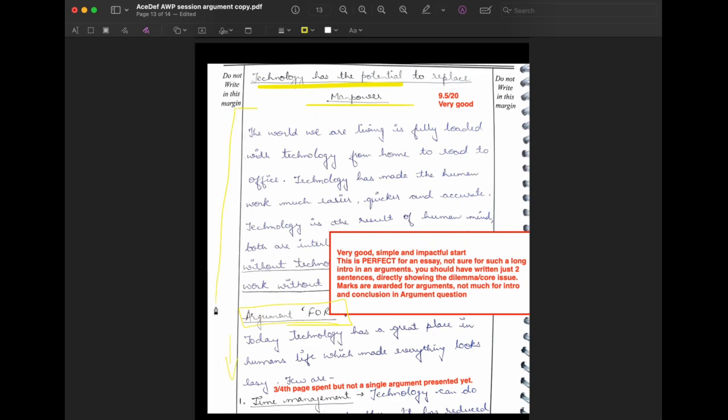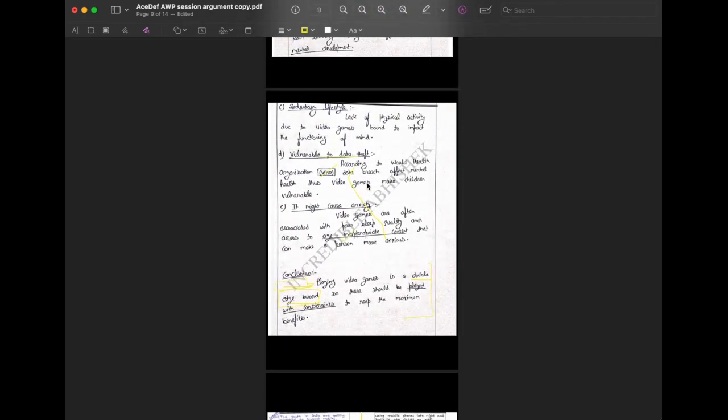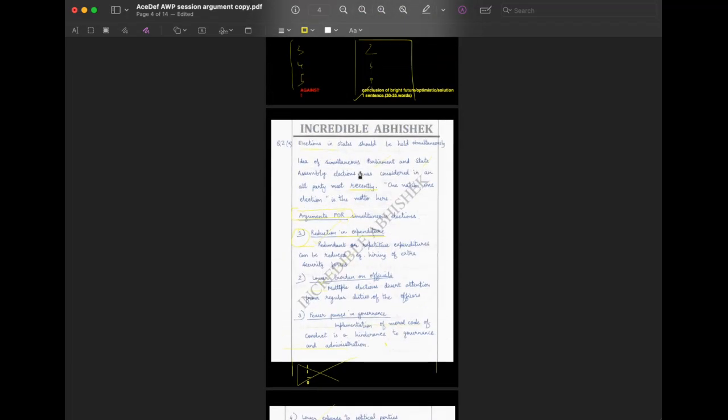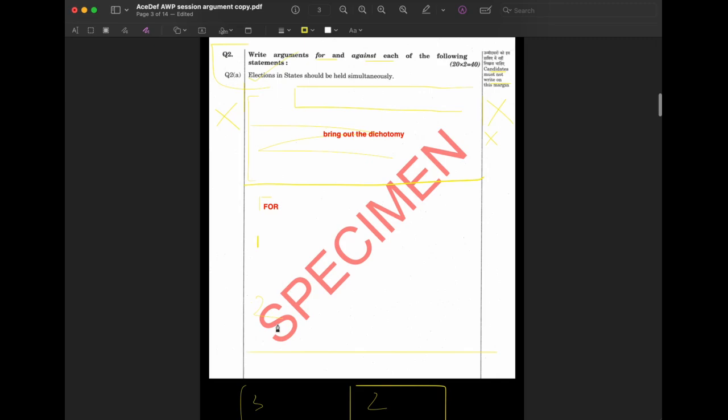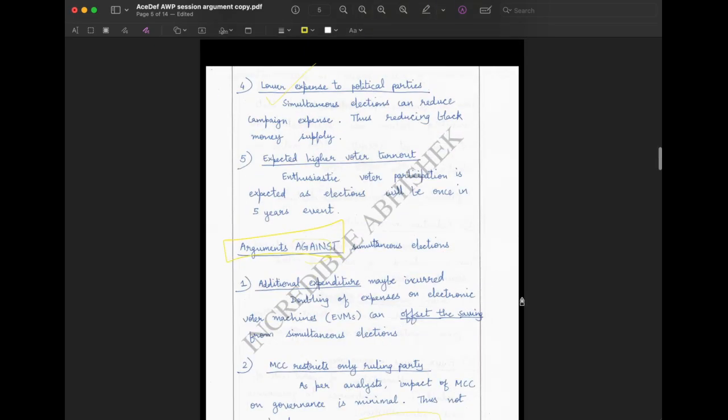But this candidate has given half or almost 2/3 of the page to writing an introduction. Now what did I explain over here in the starting, in the what to do things? That you should bring out the dichotomy within this space only, and you start with the for, right from the half a page and less than half a page if possible.